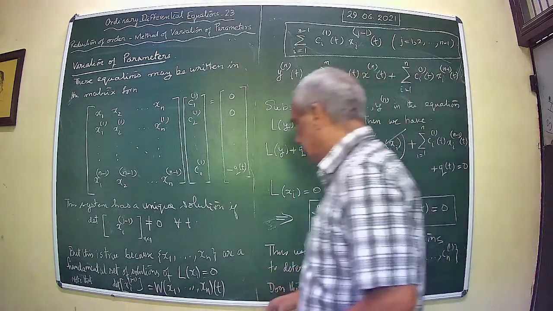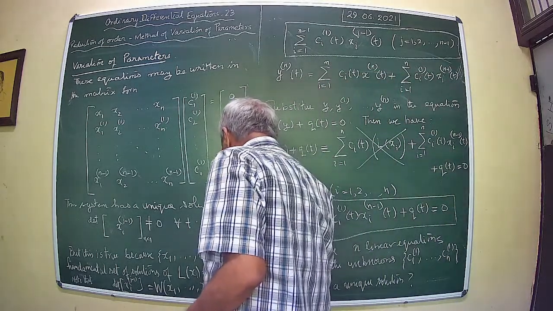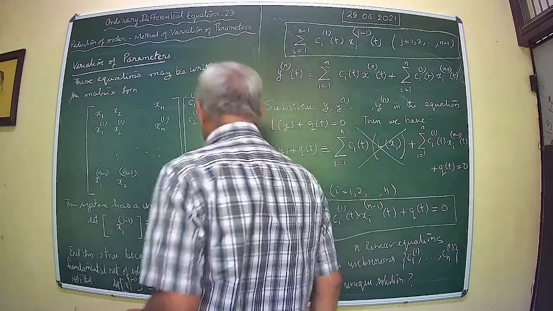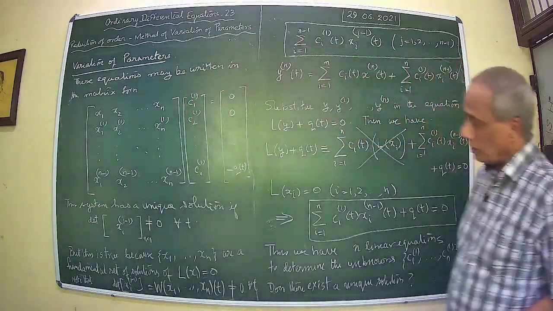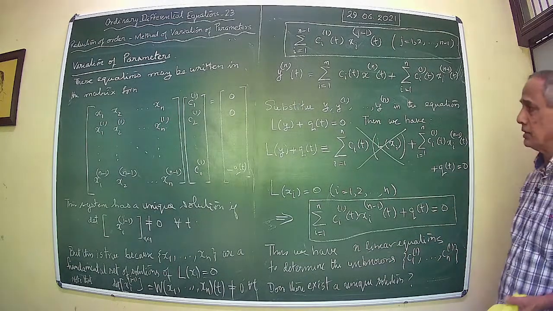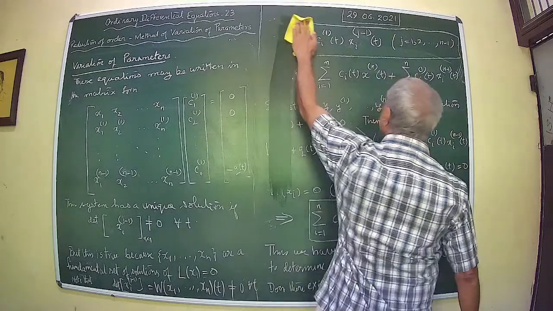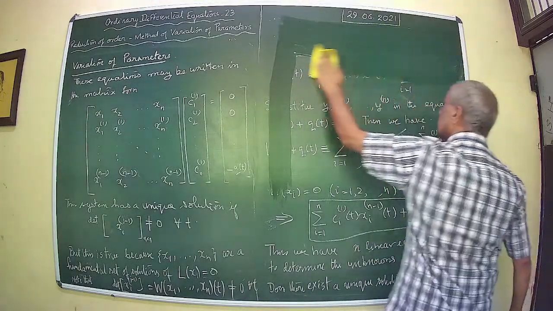And you know that these are linearly independent solutions. This is not equal to 0 for every t. Therefore, you get C1 derivative, C2 derivative, etc., Cn derivative uniquely determined.